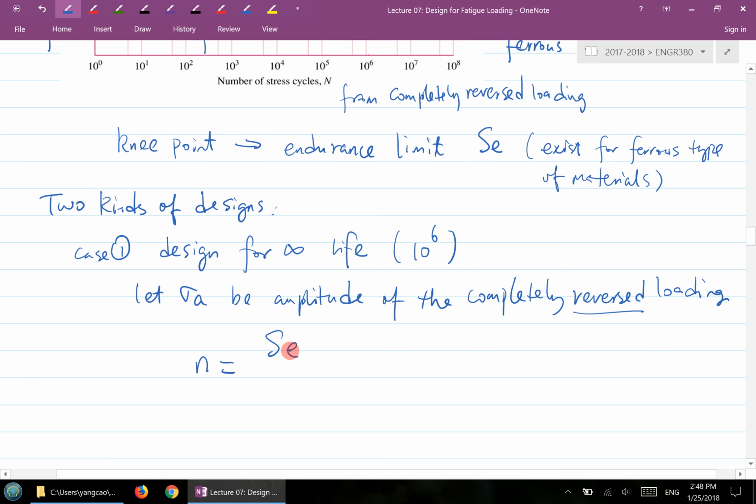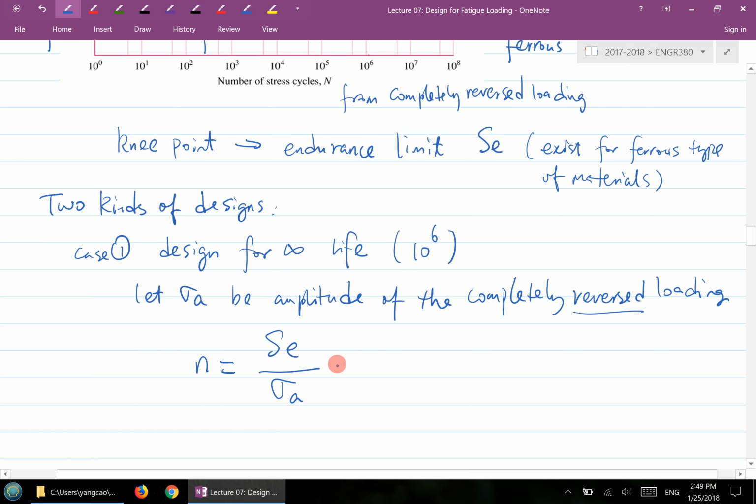If you recall from the first lecture, you compare the strength over the stress. Here you're comparing SE over sigma A, because the endurance limit is the value corresponding to the infinite number of life. You compare it with the amplitude of the current completely reversed loading.